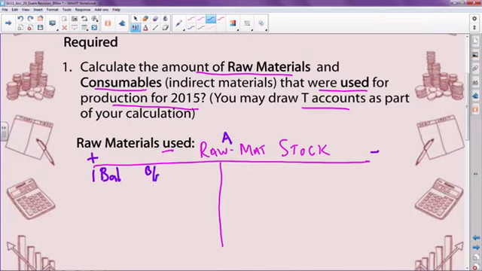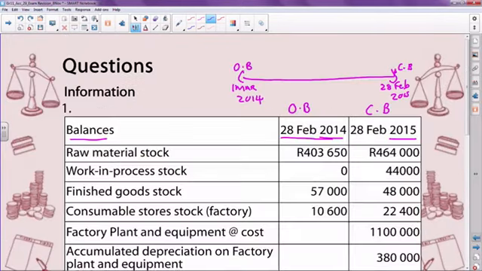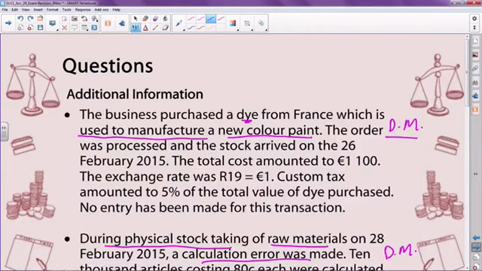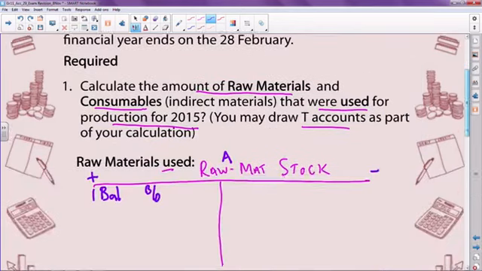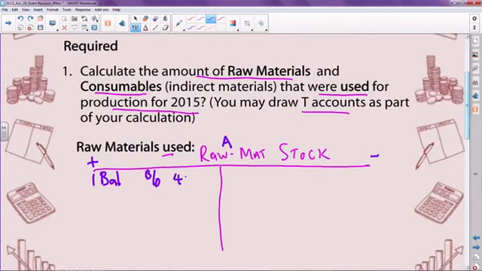At the beginning of the year, if I go back to my information sheet, my raw material stock had an opening balance of 403,650. So let's take that through. 403,650. So I've got my opening balance.